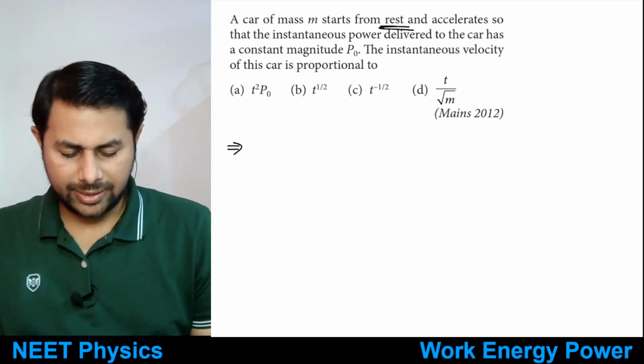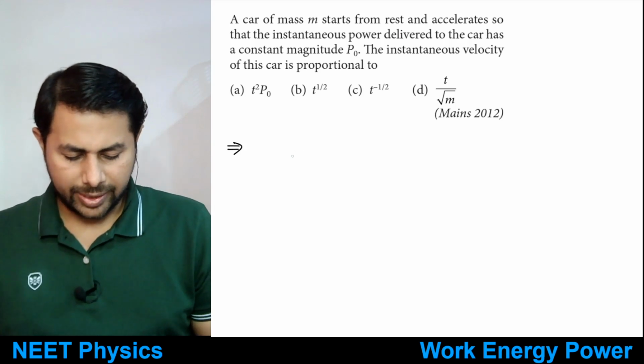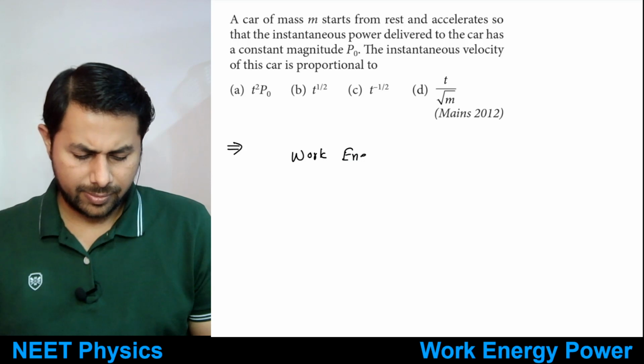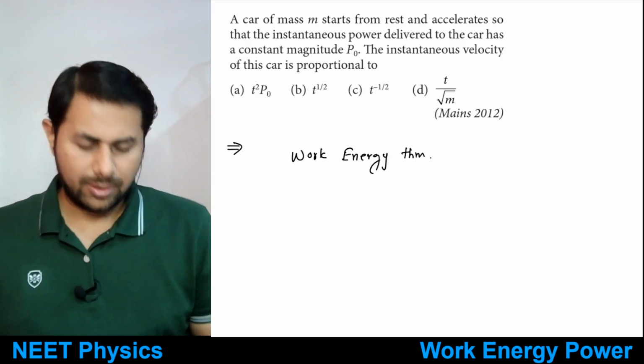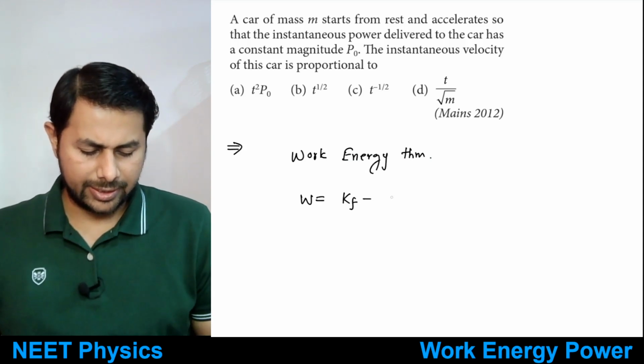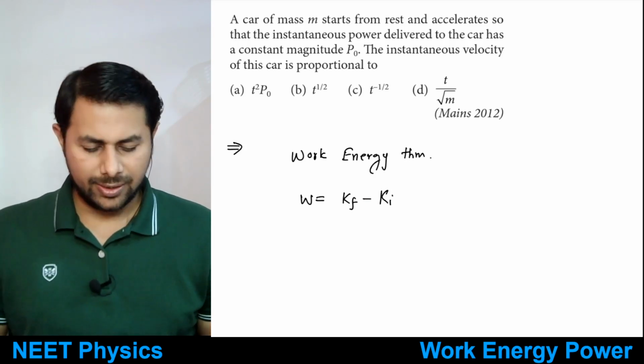It starts from rest again, so again you can make use of the work energy theorem. Work done is equal to final kinetic energy minus initial kinetic energy, the change in kinetic energy, right?